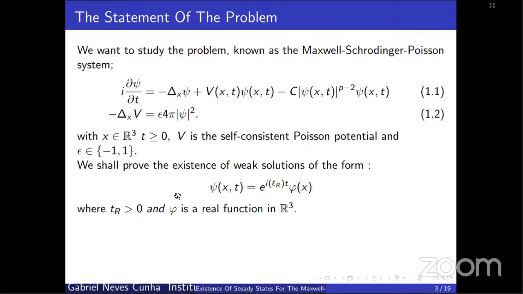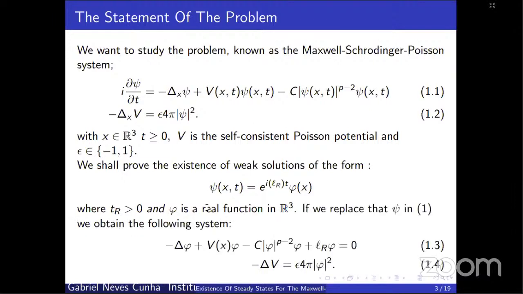So we are going to look for solutions of this form, where this is a complex exponential, and this is a real function. Phi is a real function. As you can see, in this case, for each fixed positive t, we have a different standing wave for the problem, right?